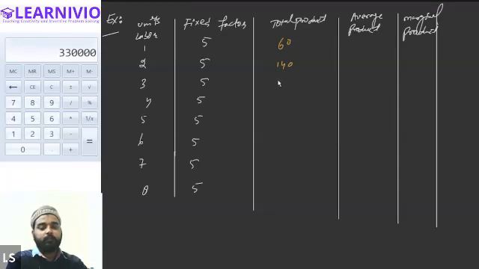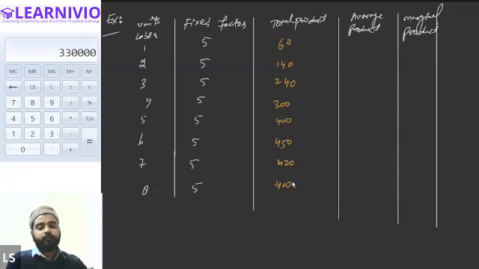After that, total production increases to 240, then 300, and then 400, 450, then 420, and 400.